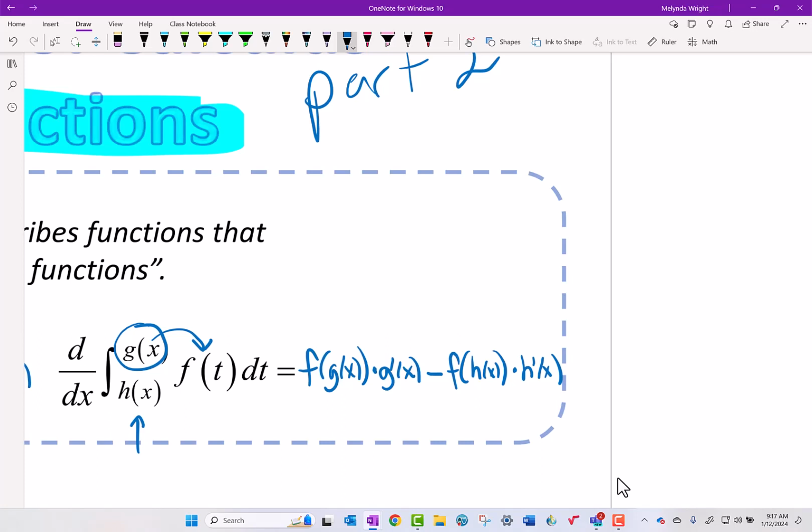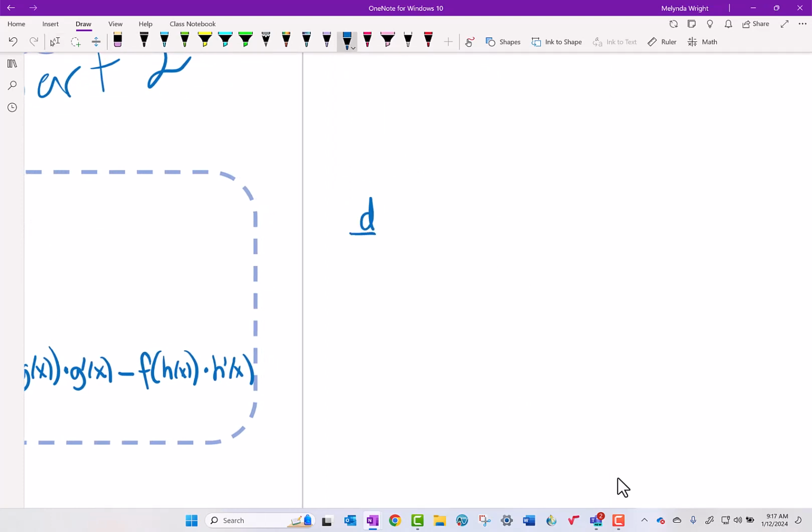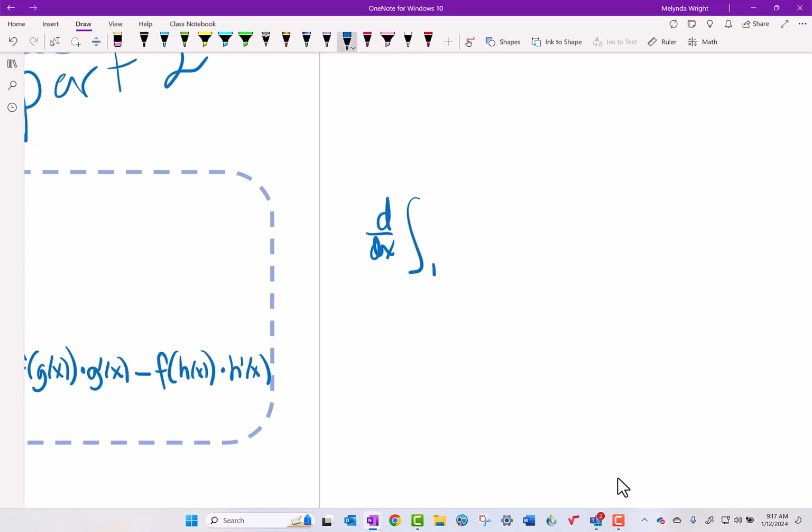So let me explain why, let me just do a little example out to the side, why this works just fine. Okay, let's look and see why it works just fine. So we're going to go over here, and I'm going to do the derivative of the integral from, I don't know, 1 to x of 3x squared plus 2.